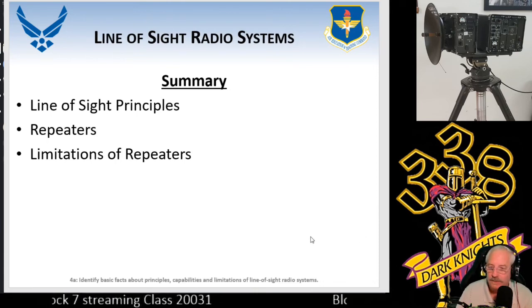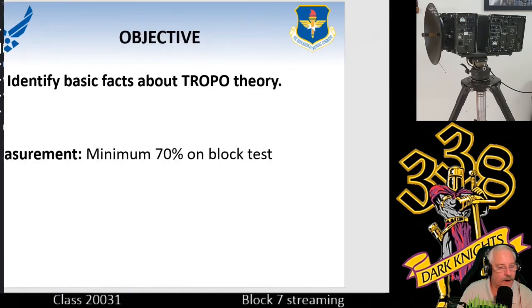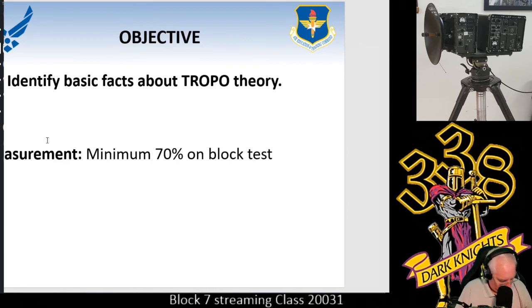Any questions? All right, let's go to the next one. That was 4 alpha. Next one is 4 bravo. We're going to identify basic facts about tropo theory. Give me a second.